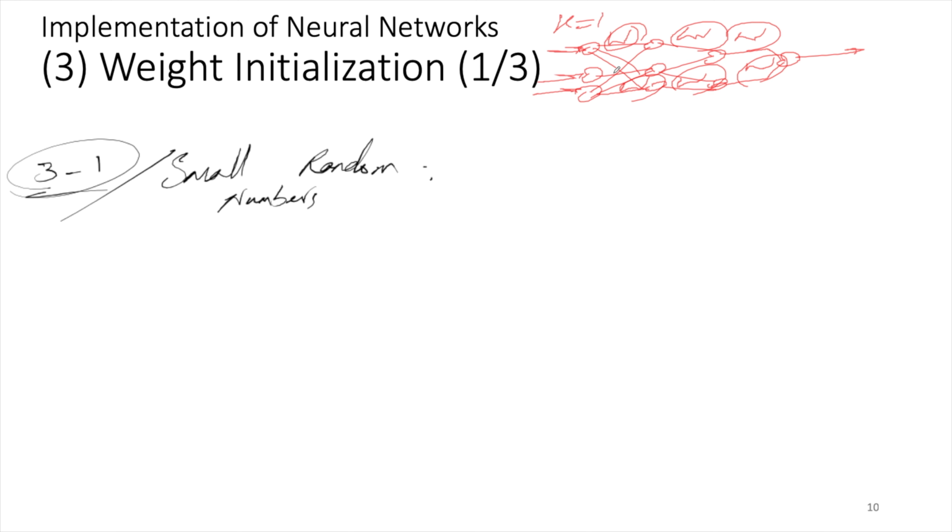First of all, what's the issue with initializing all your weights with 0? Are we going to end up with any issues? Like all zeros, all those W's, let's start with 0. What do you think can happen when you do the first backprop?